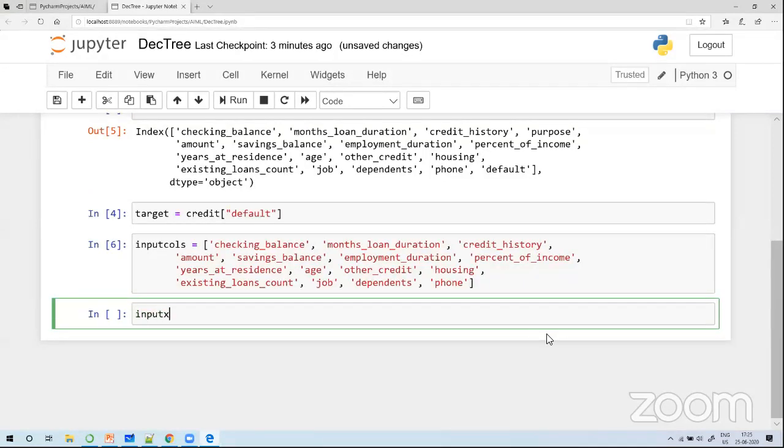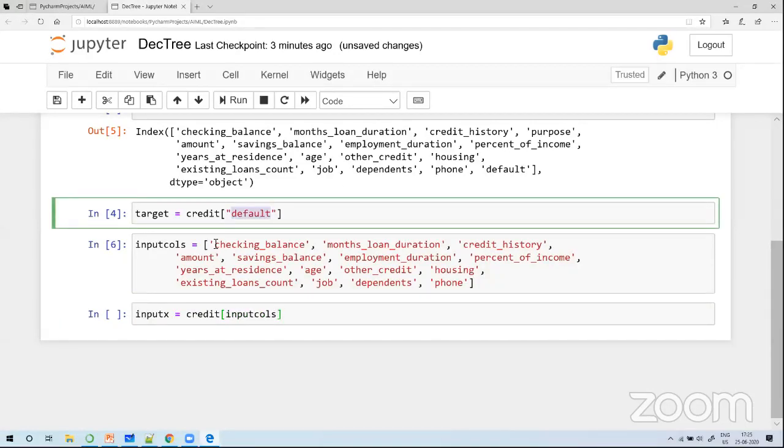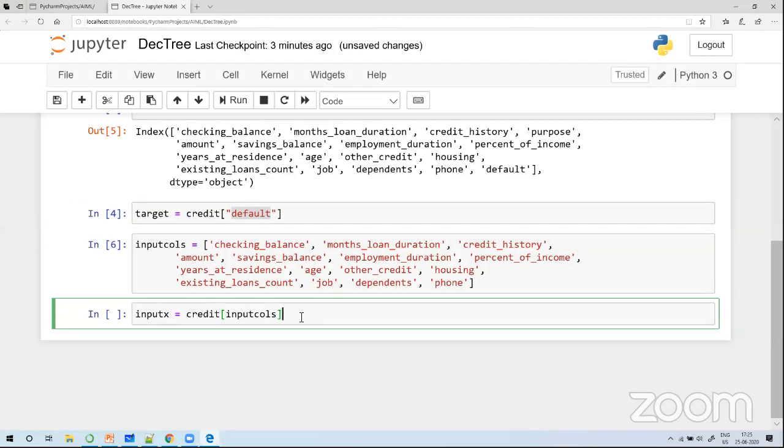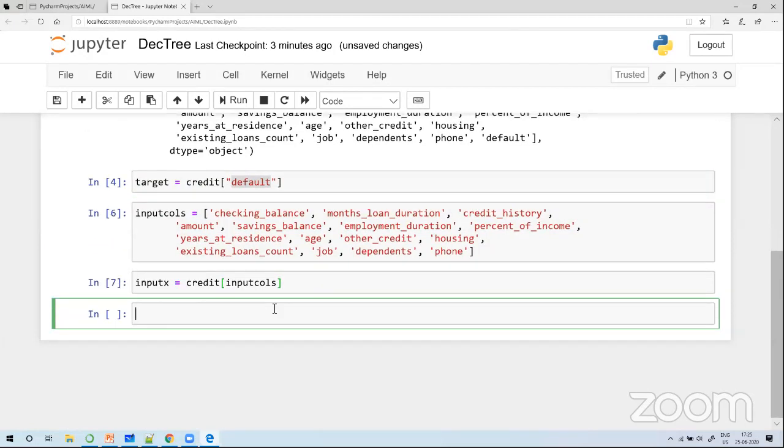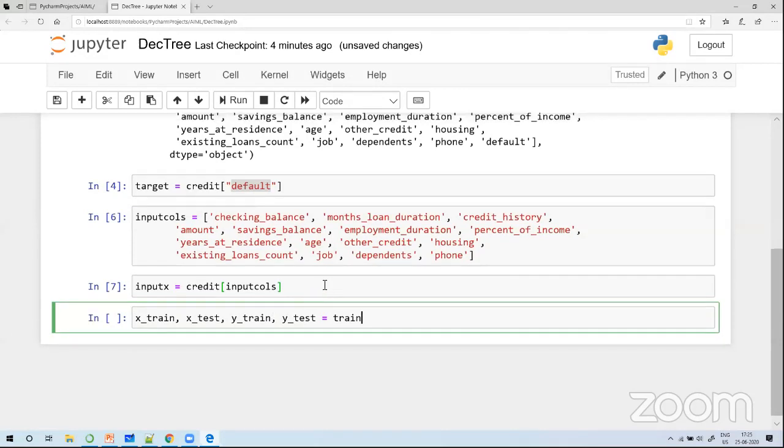So your input X is equal to credit and input columns. So except default, these are all the columns that are going into input columns. X_train, X_test, Y_train, Y_test is equal to train test split.